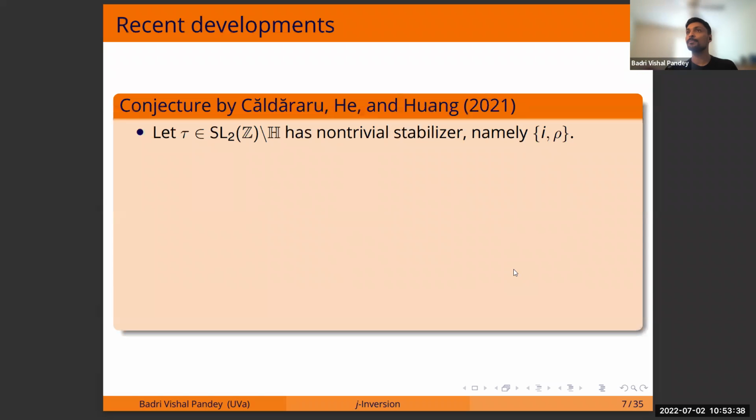So let's talk about some recent developments. When I'm saying recent, it's like 2021. In 2021, Candelas, de la Ossa, and Huang conjectured something, a very unexpected behavior, because their conjecture comes from mirror symmetry, and its proof is actually coming from number theory. So what is the conjecture? Let tau belong to SL2Z\H.